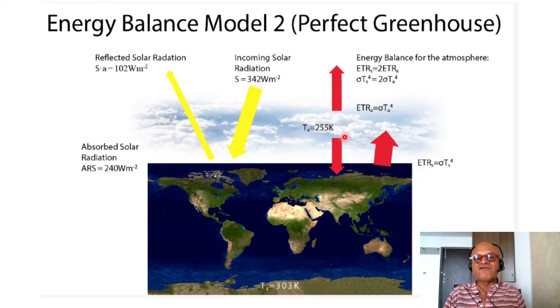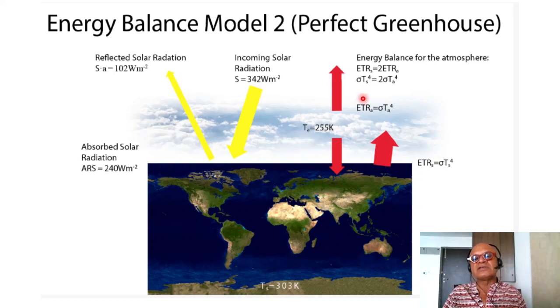If we didn't have a greenhouse gas layer, then obviously surface outgoing longwave radiation would be doing the job of balancing solar radiation. Okay, so the energy balance for the atmosphere is: emitted terrestrial radiation from the surface equals 2 times emitted terrestrial radiation from the atmosphere, because the atmosphere is putting some back to the surface and putting some out to space, so that is both directions, so that is twice.